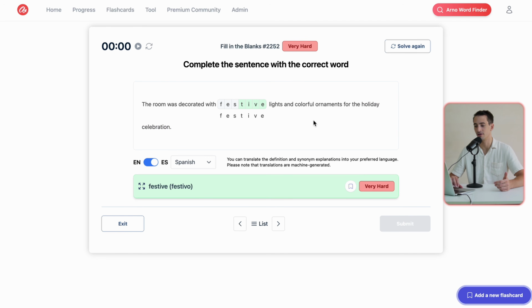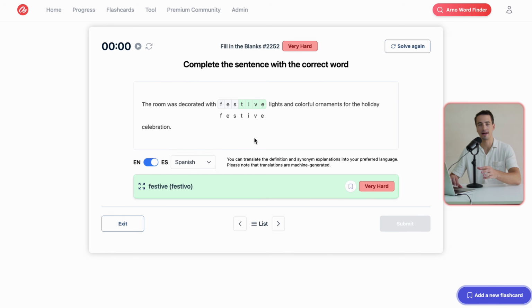That was a strong clue that the adjective I would need to describe the ornaments and the lights would be something related to celebration. Once that was clear in my mind, the letters I was given, FES, made it absolutely clear to me that the correct word would be festive.